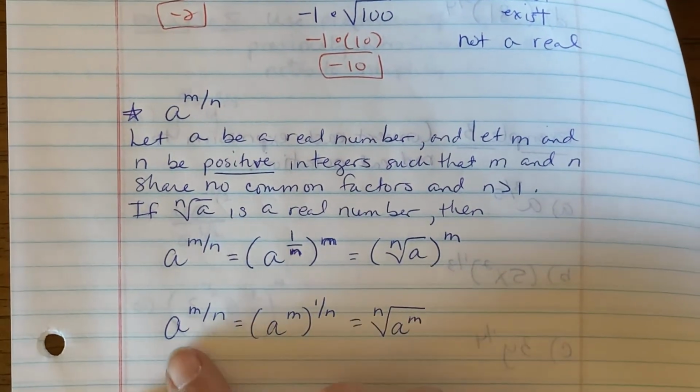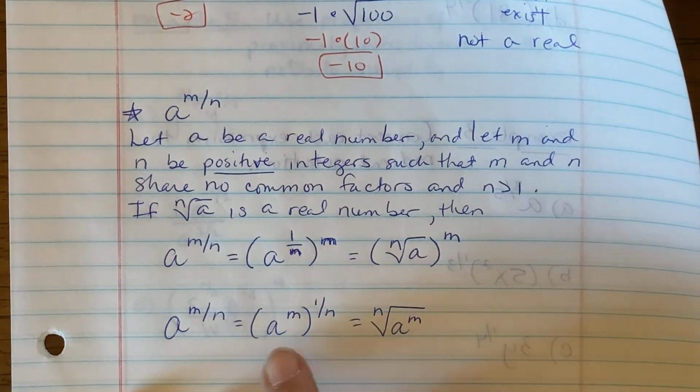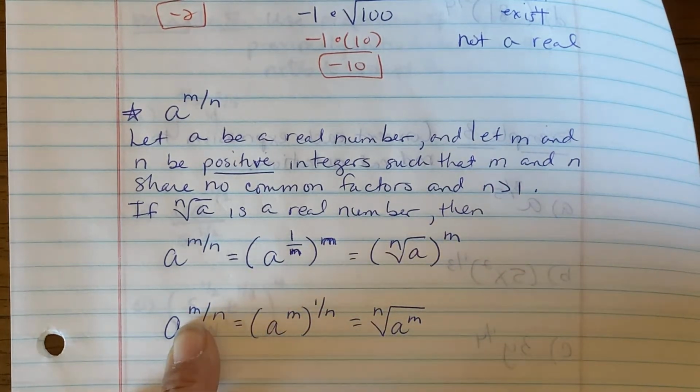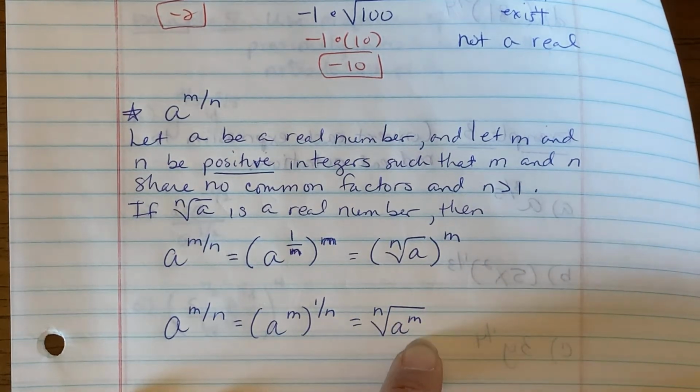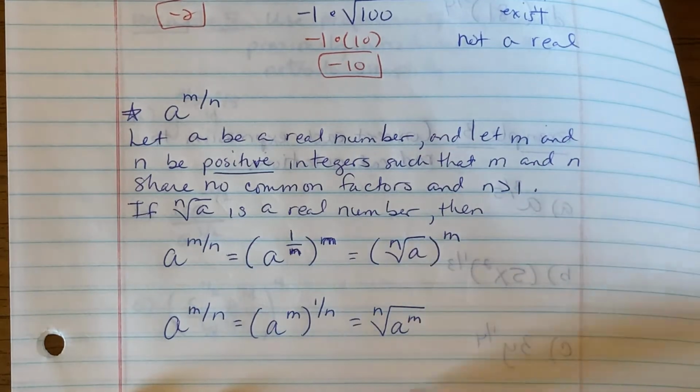Or you can write it as a to the m over n equals the nth root of a, in parentheses, to the m. I kept the numerator inside and slid out the denominator, 1 over n, and wrote it as the nth root of a to the m. Either way is going to give you the same result.